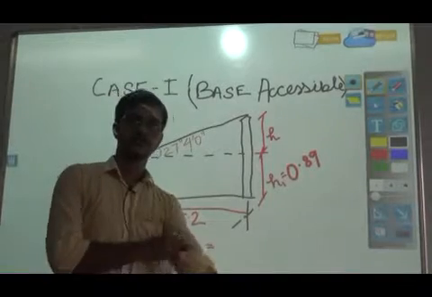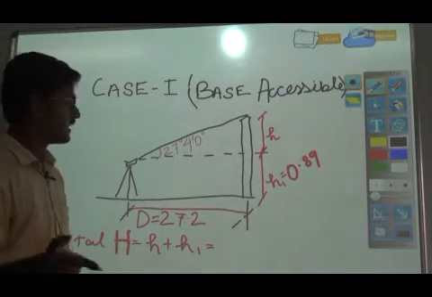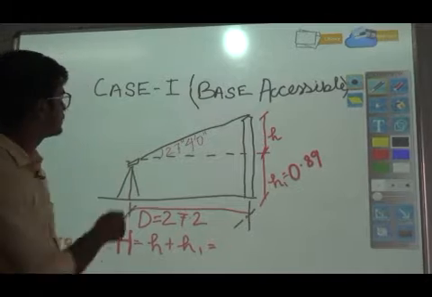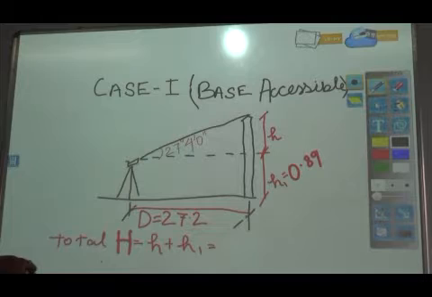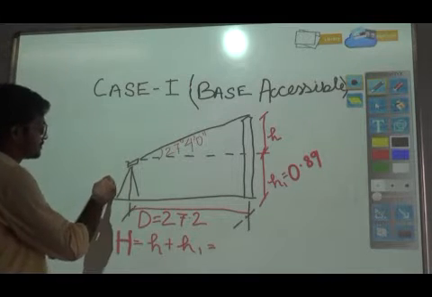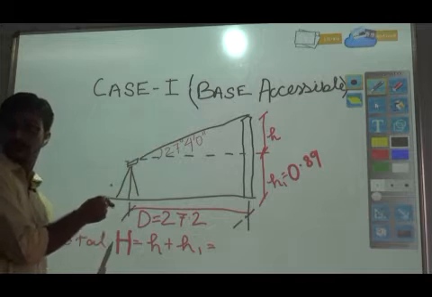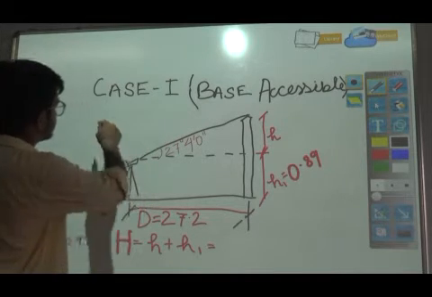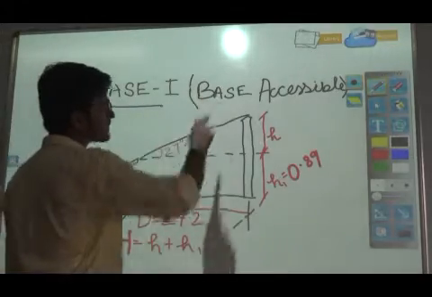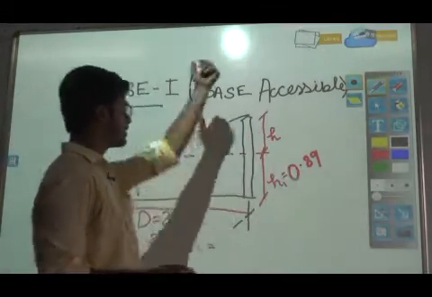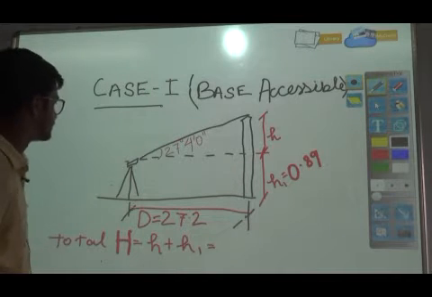We have already completed the field procedure in the field, and the calculation and the sheet details will be shown here. This is case 1, base accessible, where the base of the object is accessible, in the case of a tower or building.